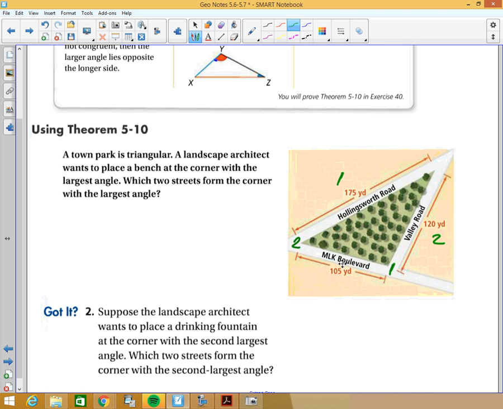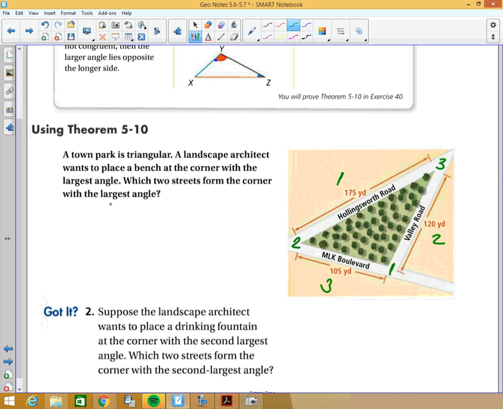This is the shortest side, so we're going to say that's 3, because we said the longest was 1, right? And it's going to be across from what? The smallest angle. For whatever reason, numbering them like that helps me a lot. But be careful because you have to know if you're going largest to smallest or smallest to longest, right? Because if you get them backwards, then your answer will be backwards.